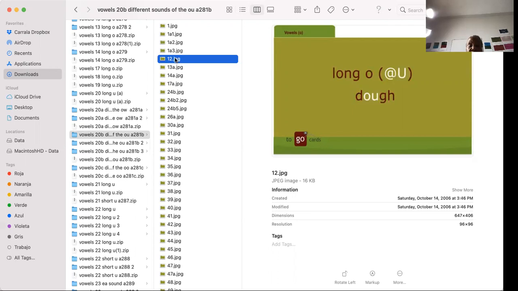Now here we are with the long O sound, but it still is the diphthong OU, dough. And how do you know? You really don't. It's not like it comes before an O, or comes before a C. I know these words, frankly, because it's my language.